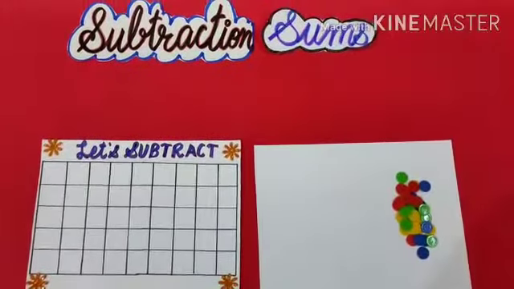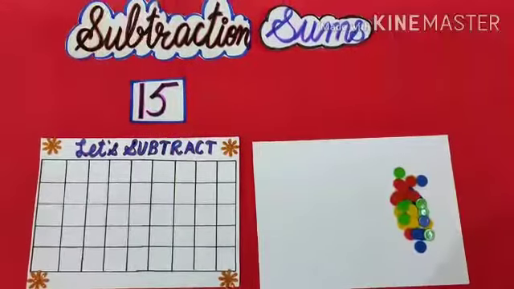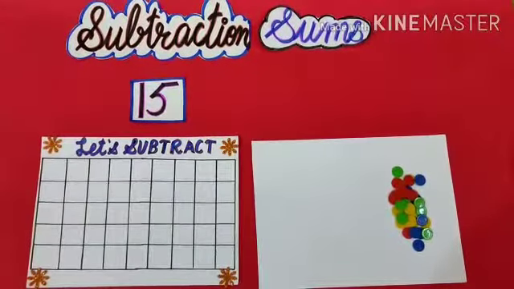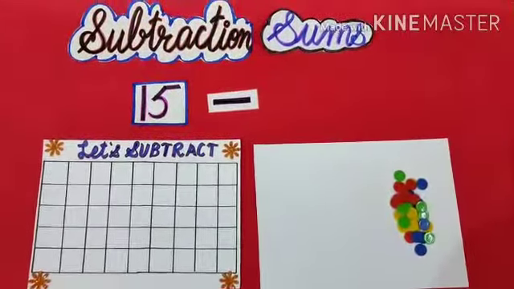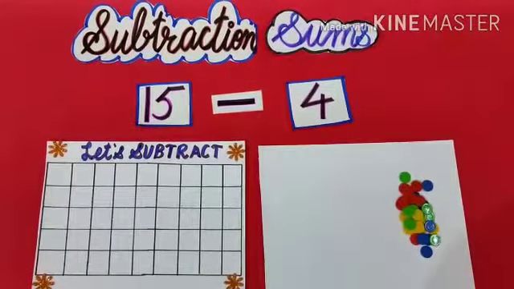Let's try one more. Suppose there are 15 objects and we want to take away 4 from it. See, how do we do it?